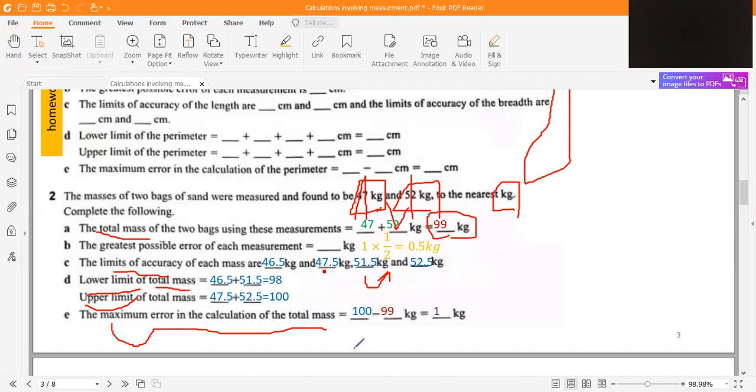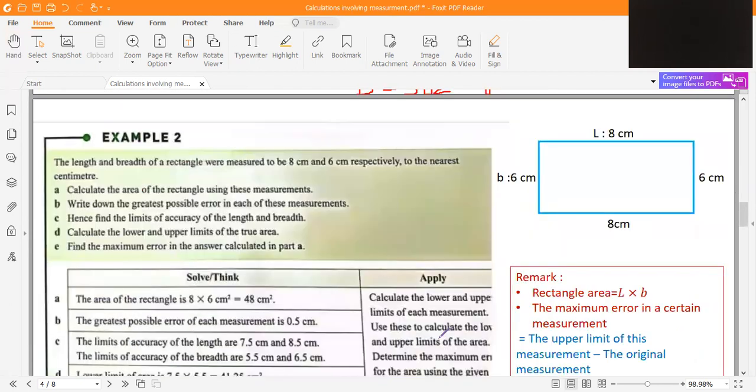We use one of the following expressions: the upper limit of the total mass minus the true total mass, which is 100 minus 99, or the true total mass, 99, minus the lower limit of the total mass, which is 98, to obtain finally 1 kilogram. In the two cases we obtain the same value.